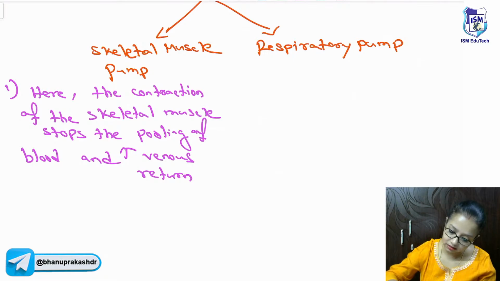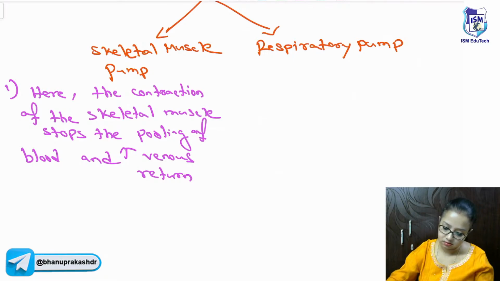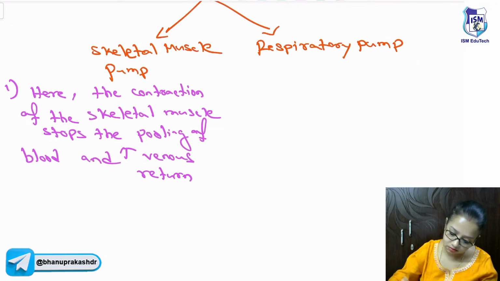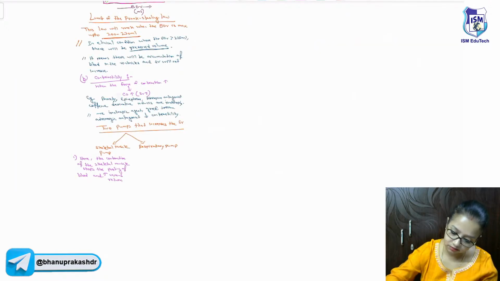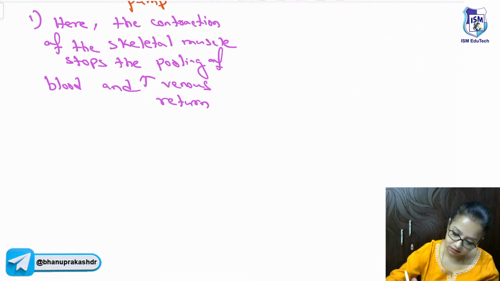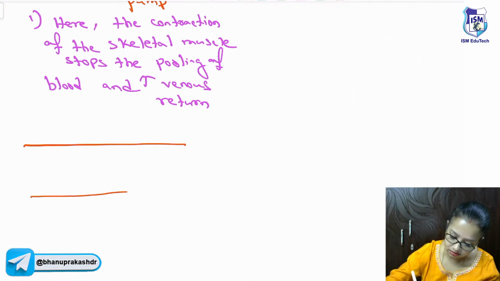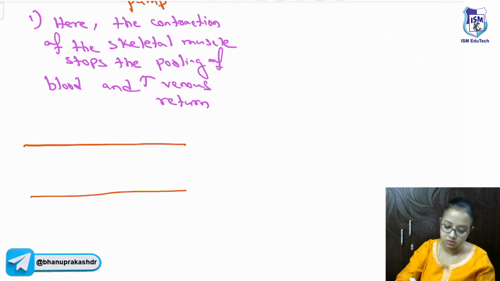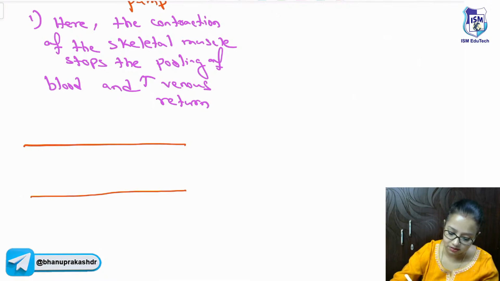It means that, say, this is the veins. On either side we have the muscle.